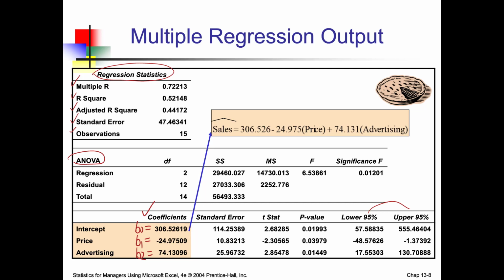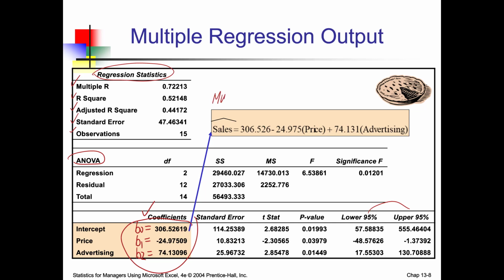And notice that here B1 is negative, meaning when you increase the price of the pie by 1 unit, $1, then the sales will go down by 24.975 units. Similarly, for advertising spending, if you increase the advertising spending by 1 unit, which is $100, then the sales of the pie will go up by 74.13096 units.